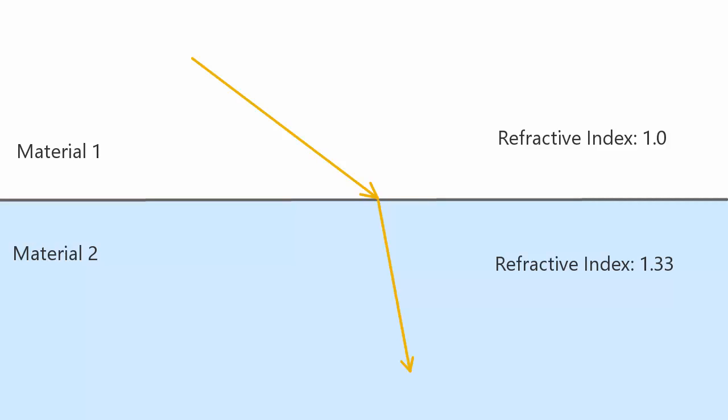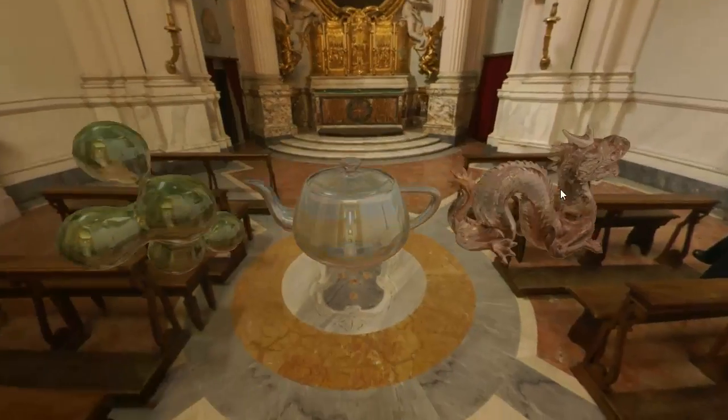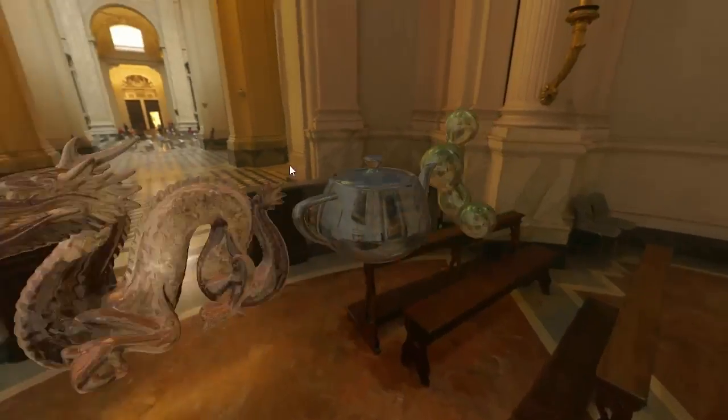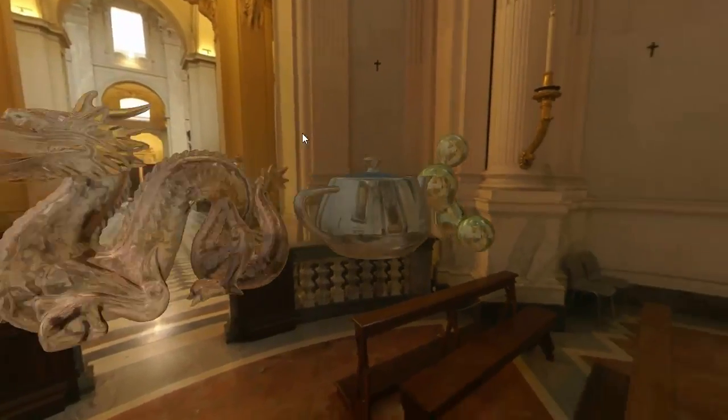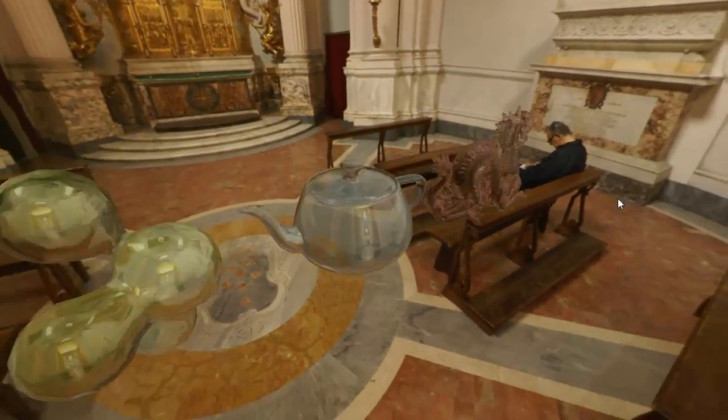And just like how GLSL has an inbuilt reflect function, it also has an inbuilt refract function which can calculate the refracted vector for us. This function takes in the vector that we want to refract, the surface normal, and the ratio of the two refractive indexes of the two materials. So using this, we can easily calculate the refracted vector, and then we can use that vector to sample the cube map to make our objects appear transparent like glass.